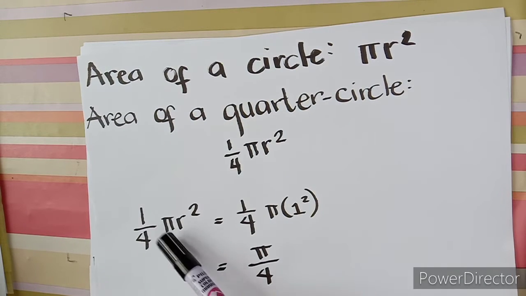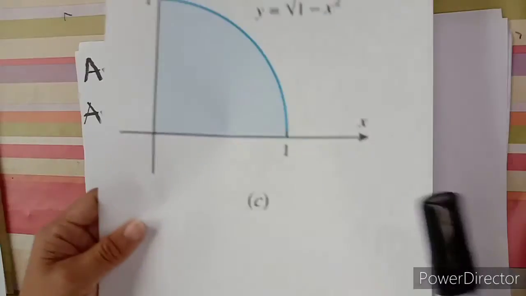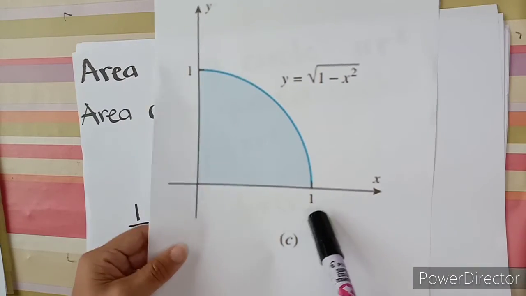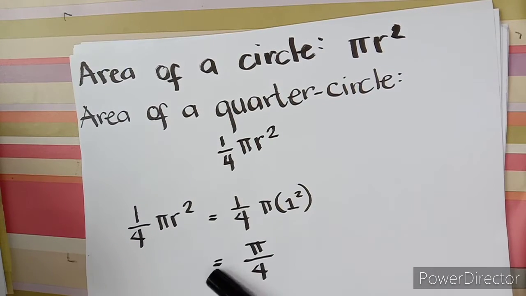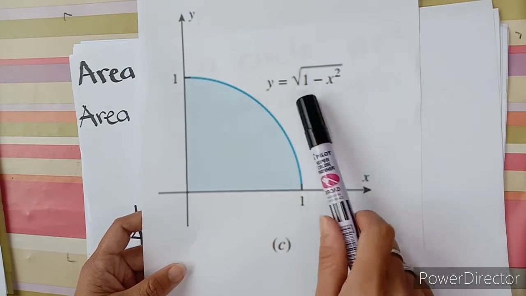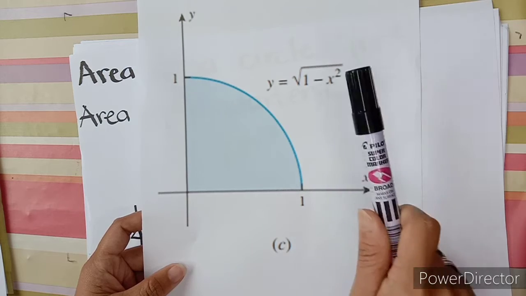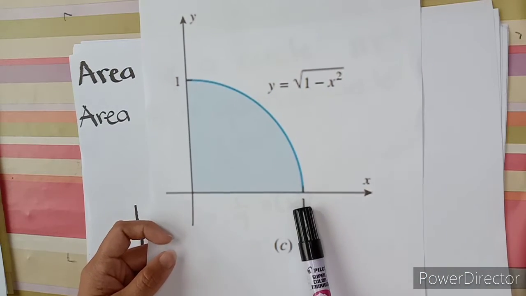So 1/4 pi r squared is equal to 1/4 pi, where our radius r is 1, so 1 squared, is equal to pi over 4. This is the area of the function square root of 1 minus x squared evaluated from 0 to 1.